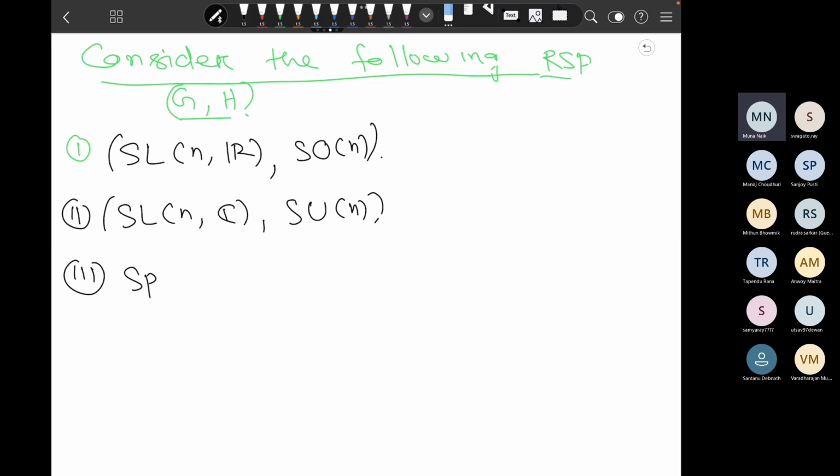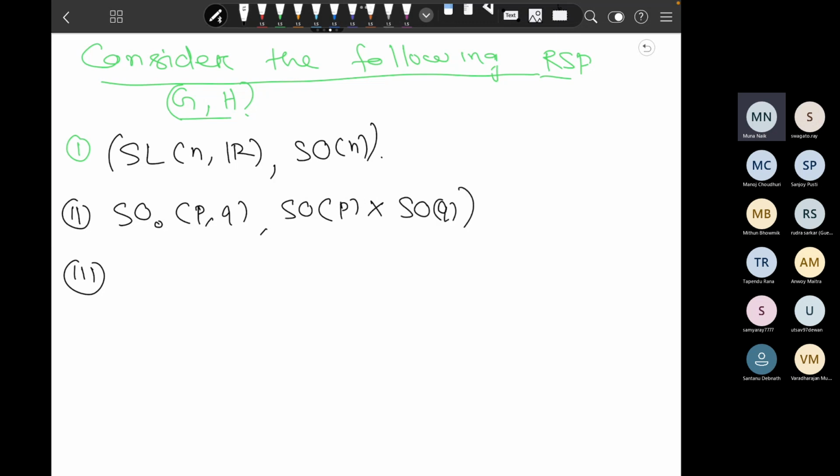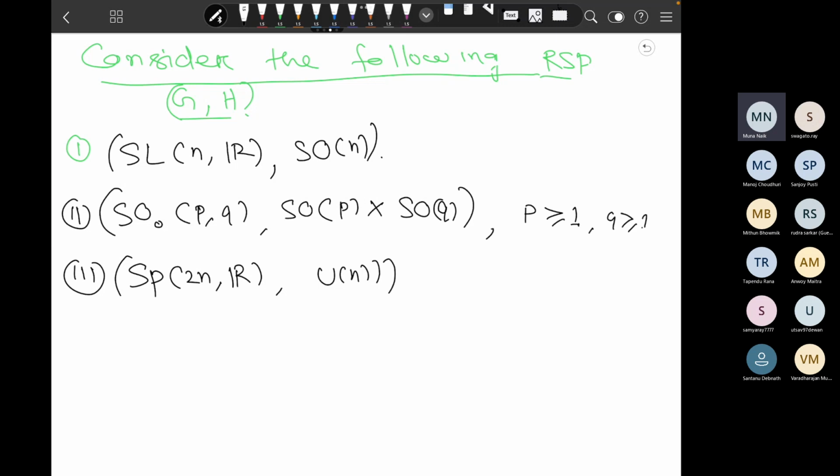SO(p,q), and let us write the real things first actually: SOp plus SOq, and this is SP2nR, Qn. Here p greater than or equal to 1, q greater than or equal to 1.